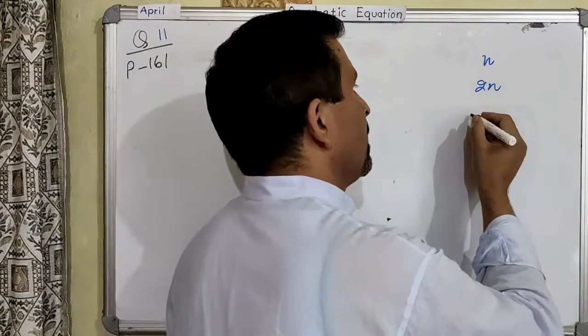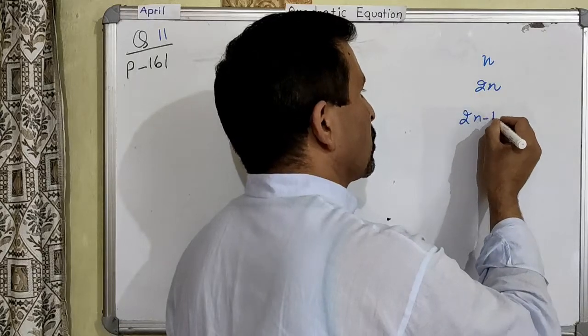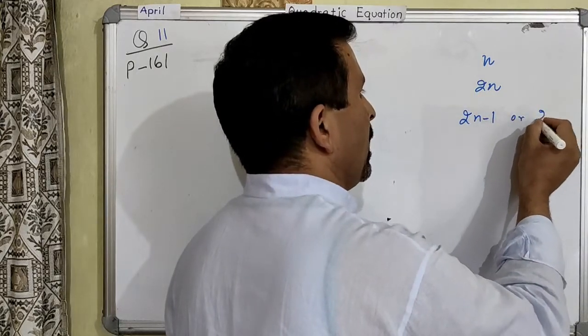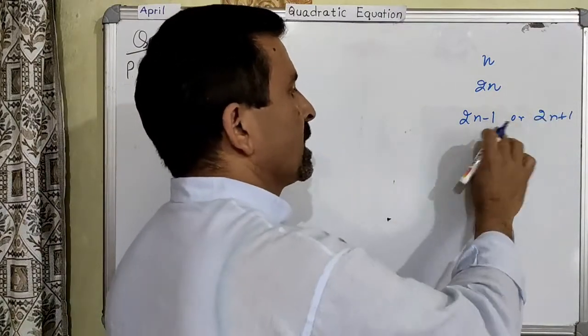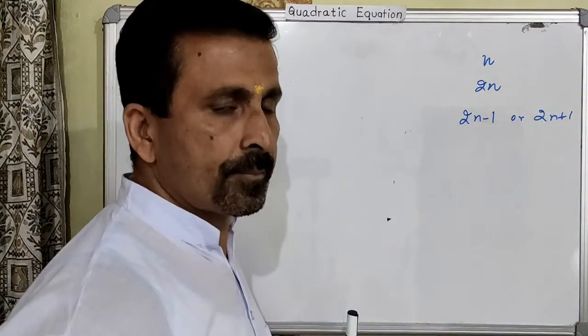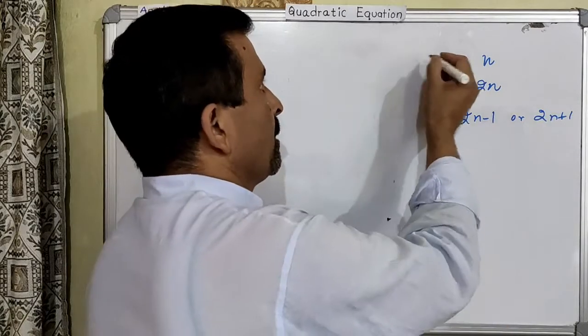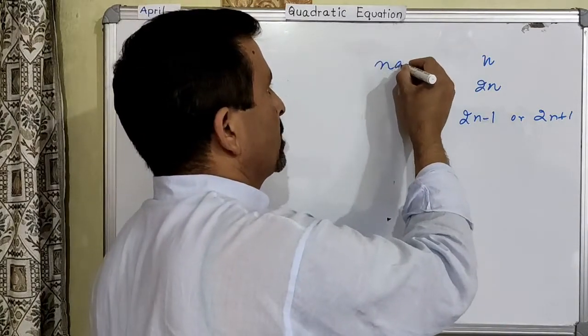And 2n minus 1 or 2n plus 1, either this or this, is the notation for odd number.